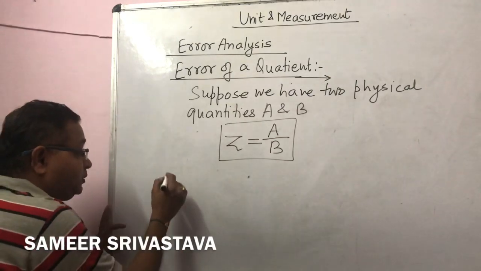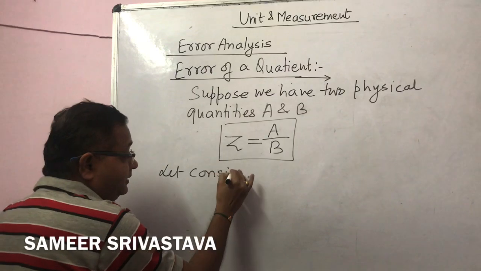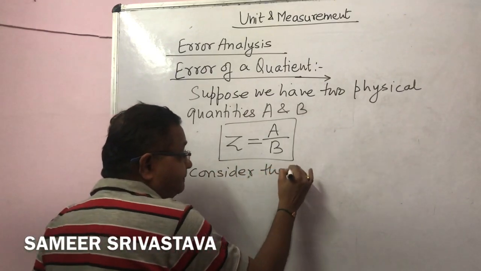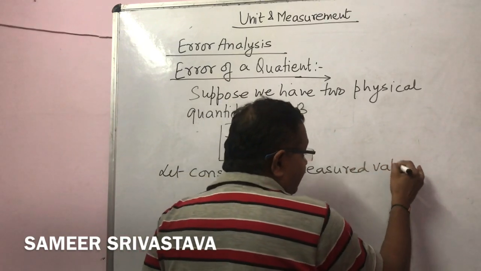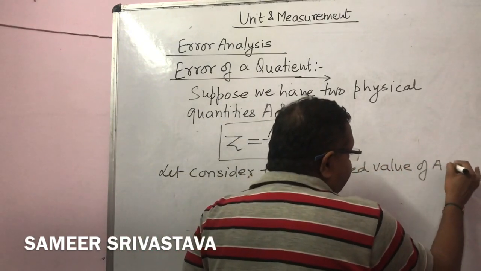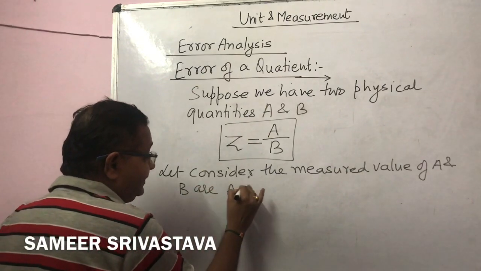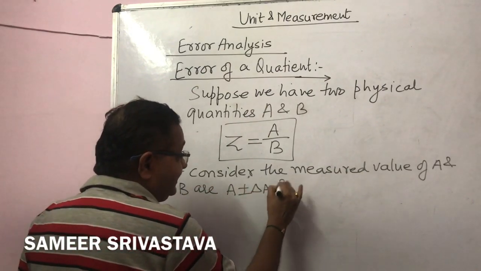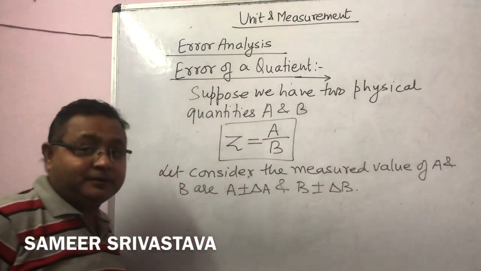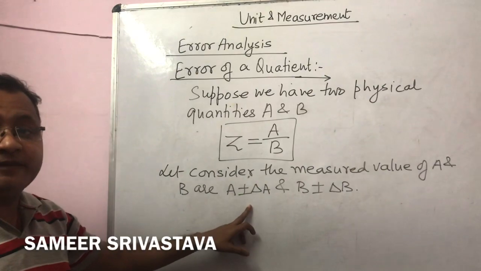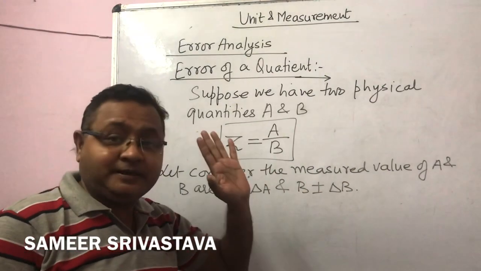Let us consider the measured values of A and B are A plus minus delta A and B plus minus delta B, as I took earlier.